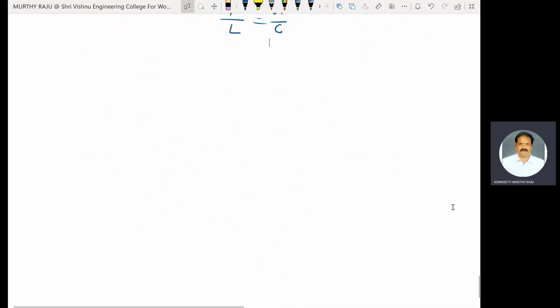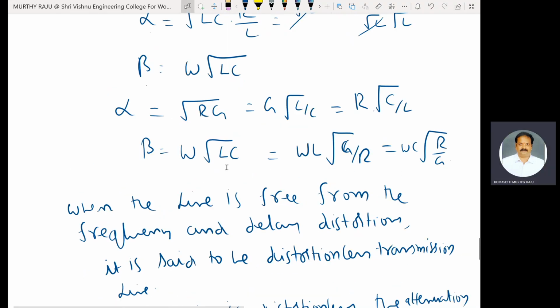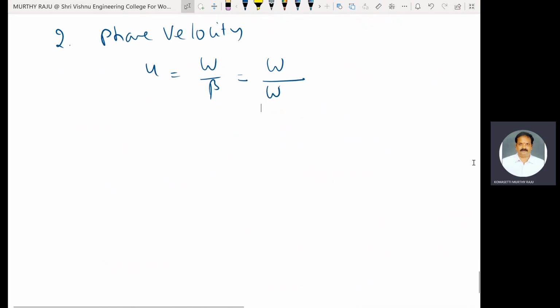Next one, group velocity. Second one is phase velocity. U is equal to omega by beta. Beta is omega root LC from the earlier expression, so U is omega over omega root LC.